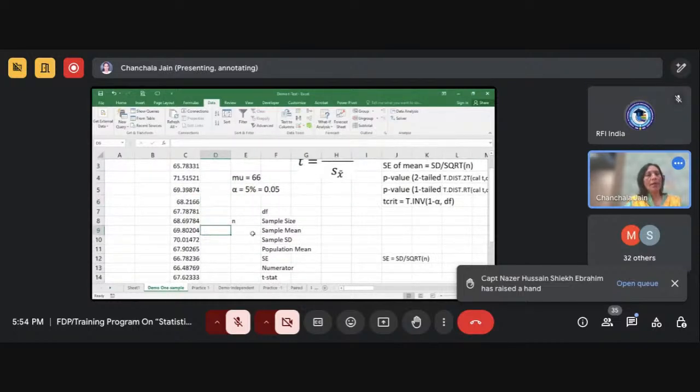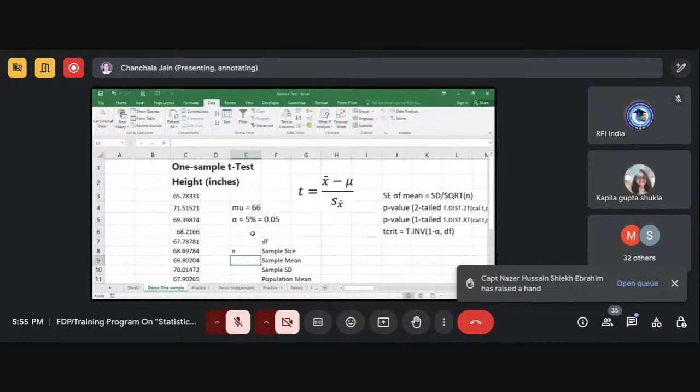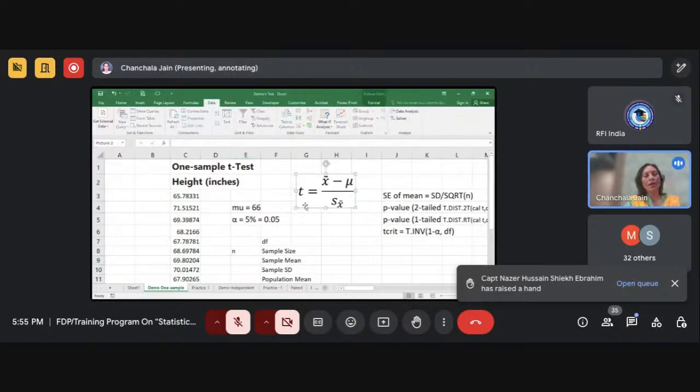Now, the question comes: if you need to use Excel as a calculator, what things do you need to find? You need to see the particular formula we use to get the t value.